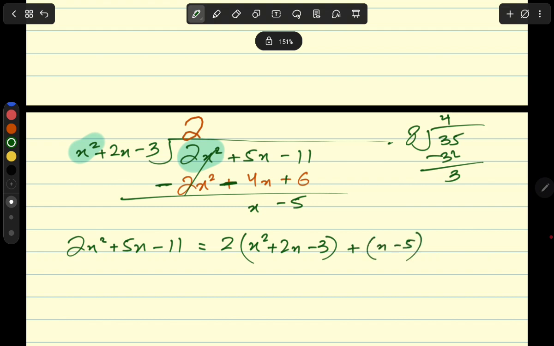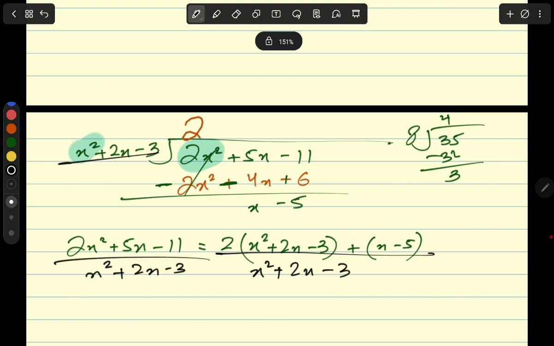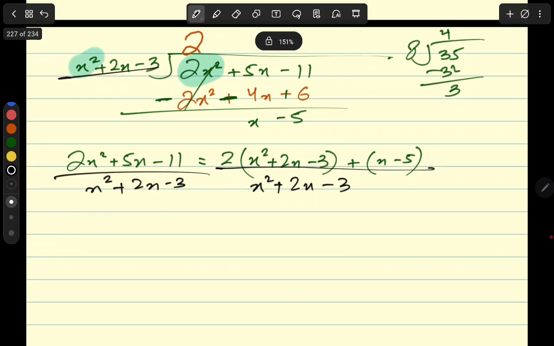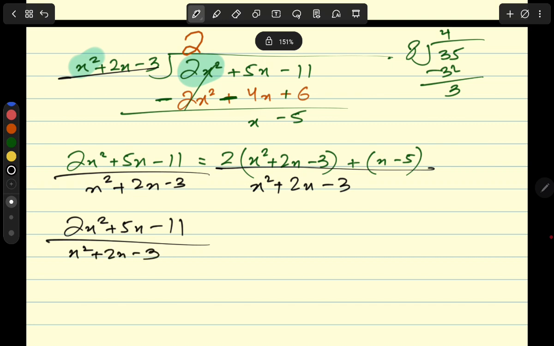Now if I divide this entire thing by this divisor, x squared plus 2x minus 3, I'm going to get 2x squared plus 5x minus 11 over x squared plus 2x minus 3, and now I can split it using the plus sign here.